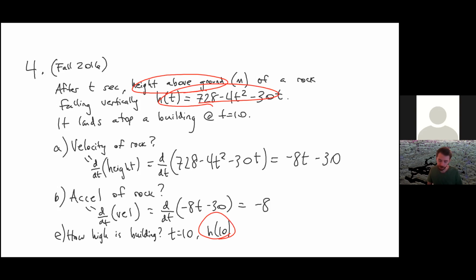So that's 728 minus 4 times 10 squared minus 30 times 10. That's 728 minus 400 minus 300, which is 28 meters.